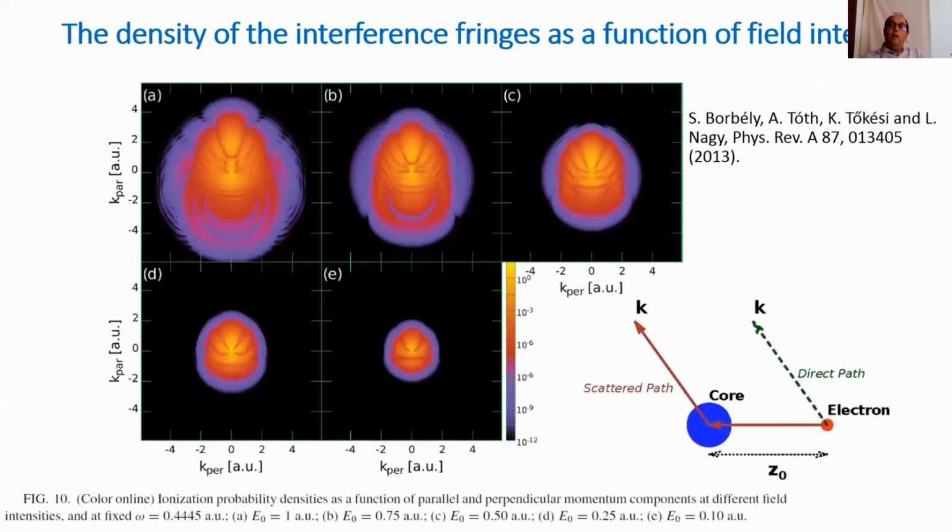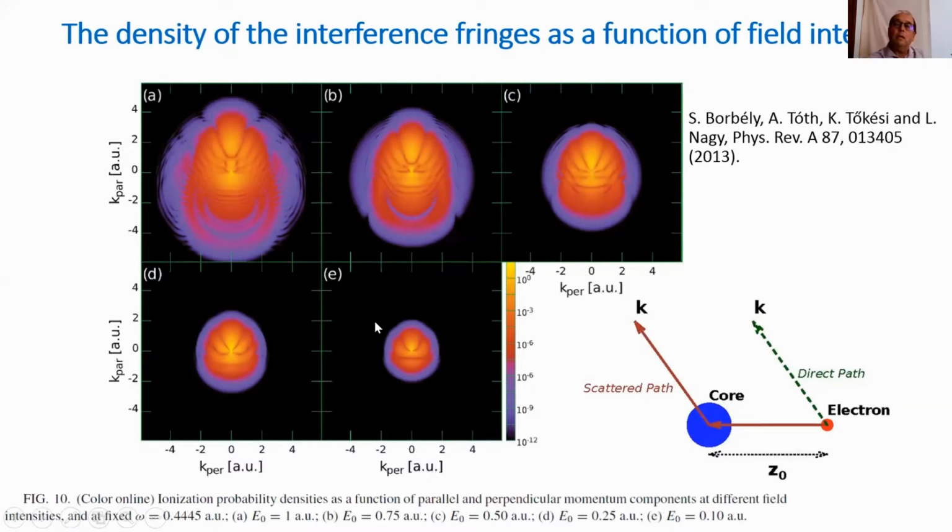We have also analyzed how the density of the interference fringes depends on the field intensity. Here in figure A, we have a very high intensity, 1 atomic unit of the maximum electric field, and down to 0.1 atomic units.